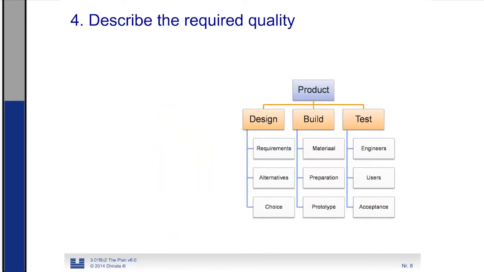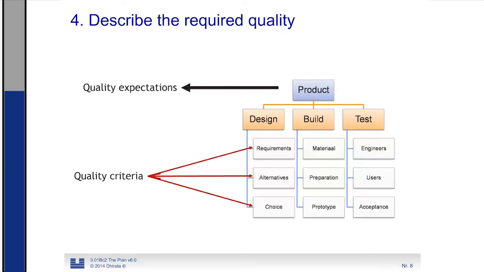Each project sponsor, each individual that is interested in the project and that has a stake in the project, has his own quality expectation. These quality expectations are translated into quality criteria for the lower levels of the work breakdown structure.